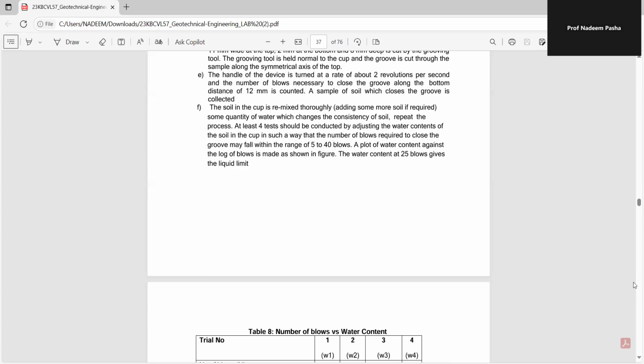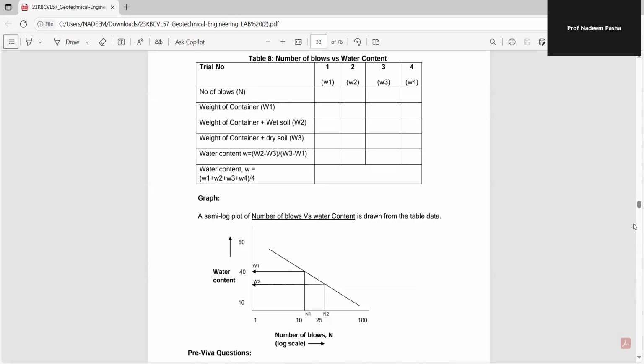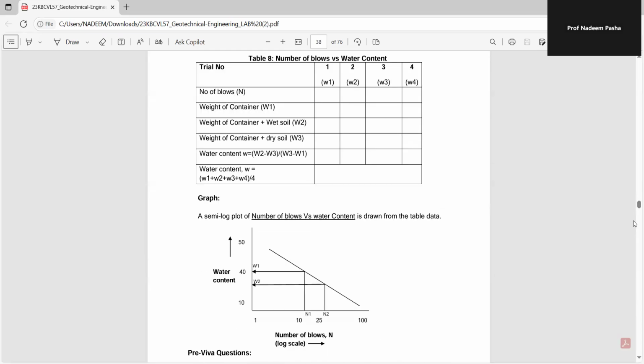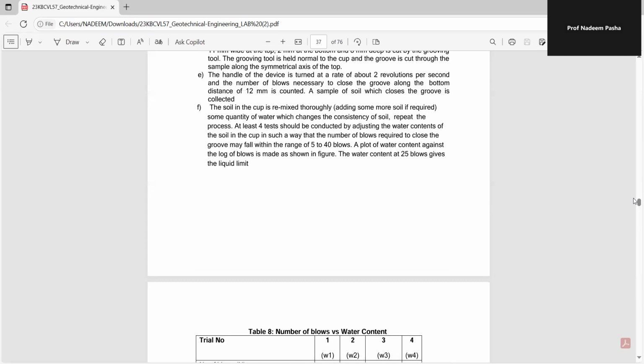A plot of water content against the log of blows is made as shown in the figure. The water content at 25 blows gives the liquid limit. Number of blows versus water content.